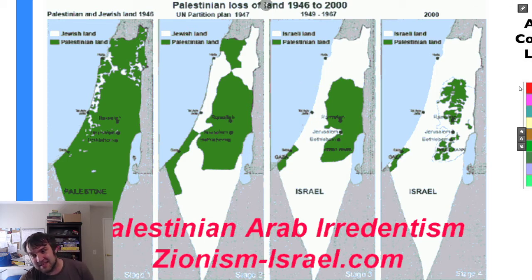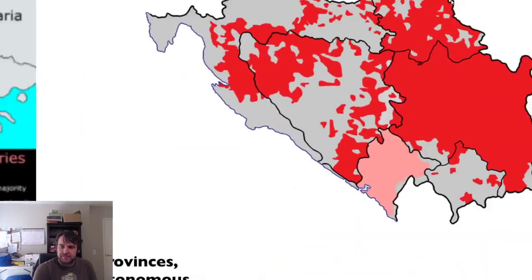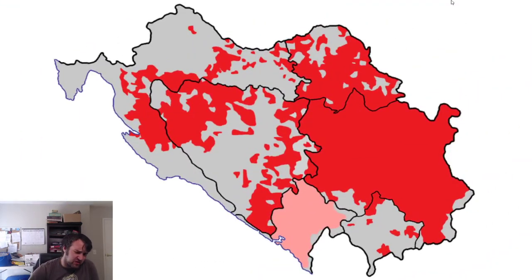But this is honestly the situation on the ground today. So even Israel is now cutting up parts of the West Bank and making it sort of like there's all these little islands of Palestinians, and it's becoming harder and harder for them to be one cohesive cultural group. This is the country of Yugoslavia.